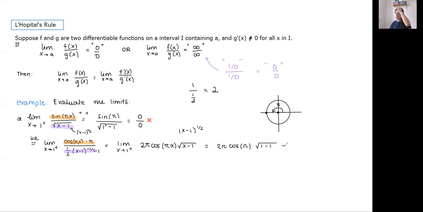And this is the same as 2 times pi. Cosine of pi is the first coordinate of this point, so it's going to be -1. If you use your calculator, you're going to find the same thing as long as your calculator is set to radians. Remember, radians, always, always, always. So this is -1. And then times square root of 0, which is just equal to 0, and my limit is equal to 0.